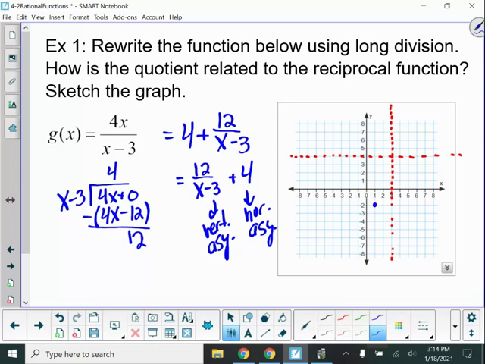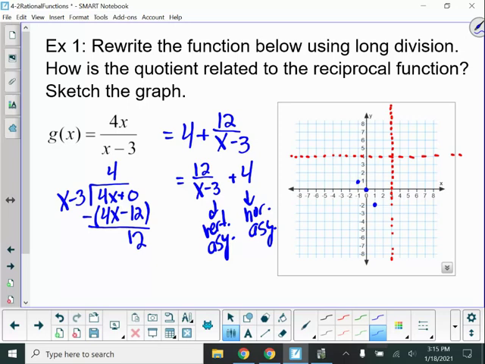Notice this one looks quite a bit different than what we had before. If I plug in 0, I get 0, because 0 minus 3 is negative 3, 12 divided by negative 3 is negative 4, and plus 4 is 0. If I plug in negative 1, negative 1 minus 3 is negative 4, 12 divided by negative 4 is negative 3, so that gives me 1.